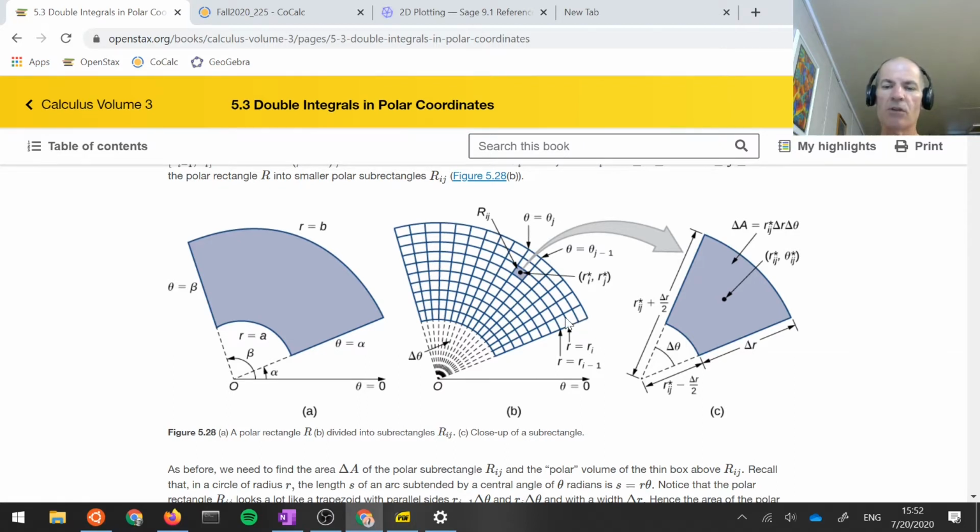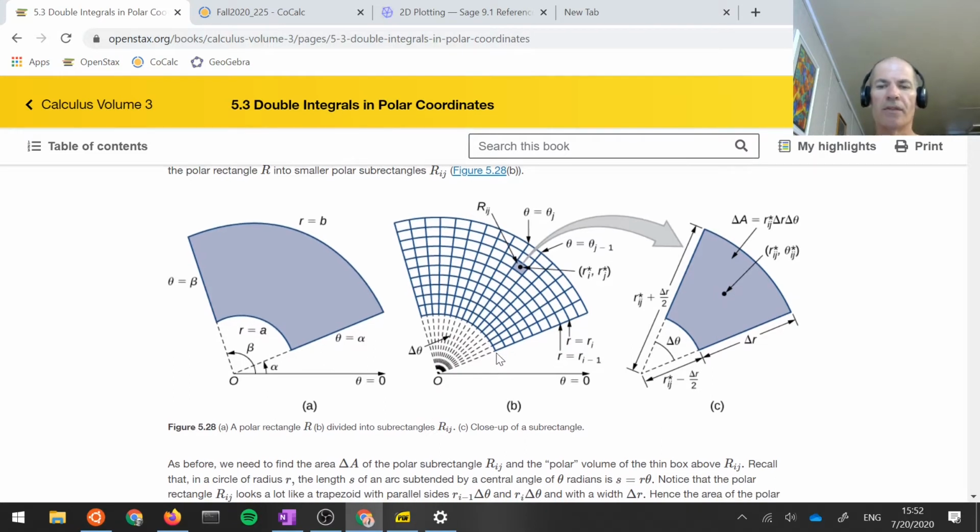The bases of the columns sitting on top of these little wedges are smaller the closer to the origin you are. This is a uniform delta r, uniform delta theta, and yet this wedge-shaped base is much, much larger than this one. We have to account for that. It's no longer just delta r delta theta.